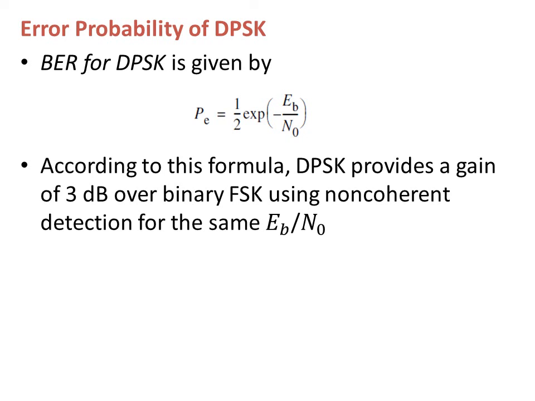By looking into this equation, we can say that according to this formula, DPSK provides a gain of 3 dB over binary FSK using non-coherent detection for the same EB by N0. So this is the conclusion we can have by looking into this equation.